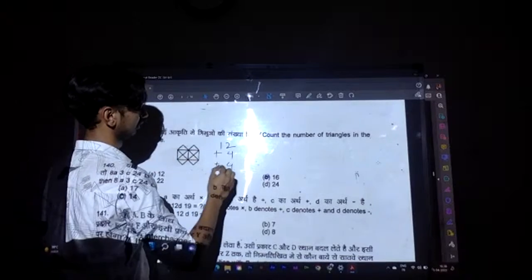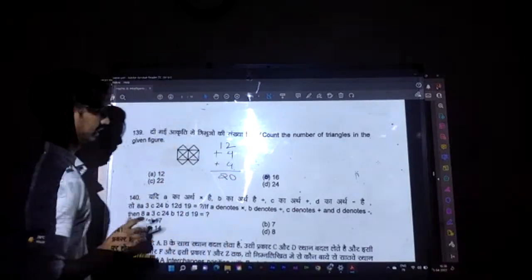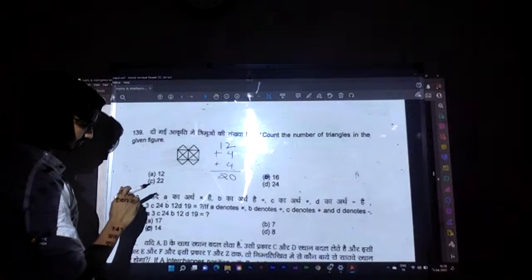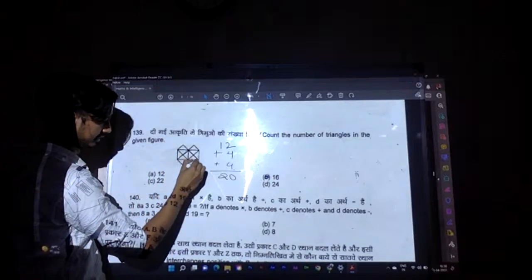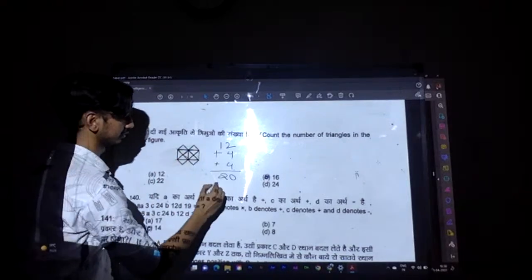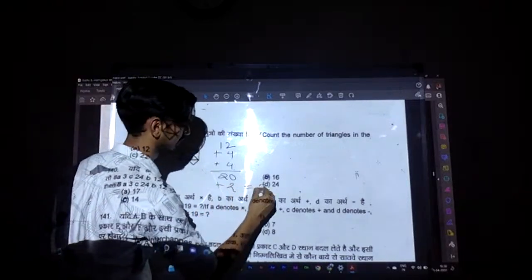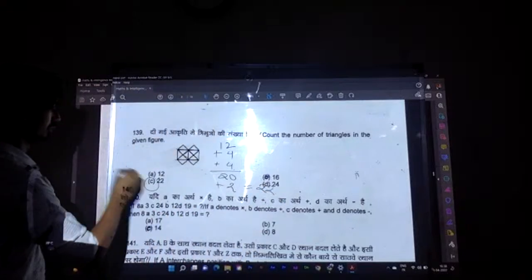So now you get a total of 20. But the tricky part is here. There are two more triangles in this, which are these triangles, one and second. So there will be plus 2, and the correct answer will be 22. Option C.